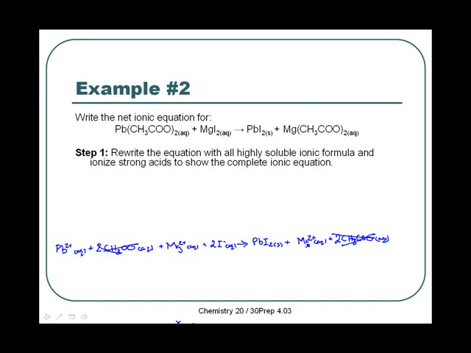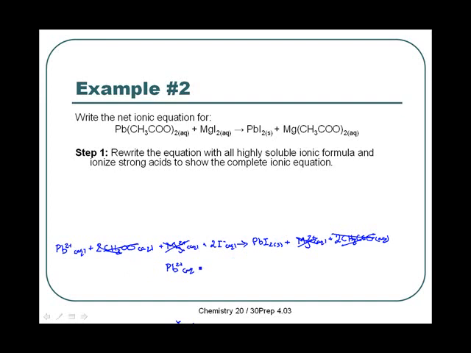Magnesium is an ion as a reactant. Magnesium is an ion as a product. So again, we don't need those in our equation. And then finally, we have iodine and iodine in a compound. So the iodide did change. And so we write down only those things that change.